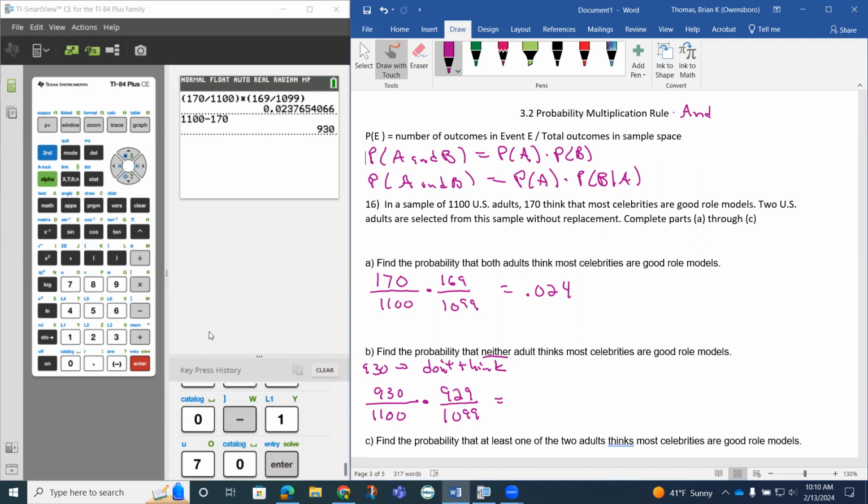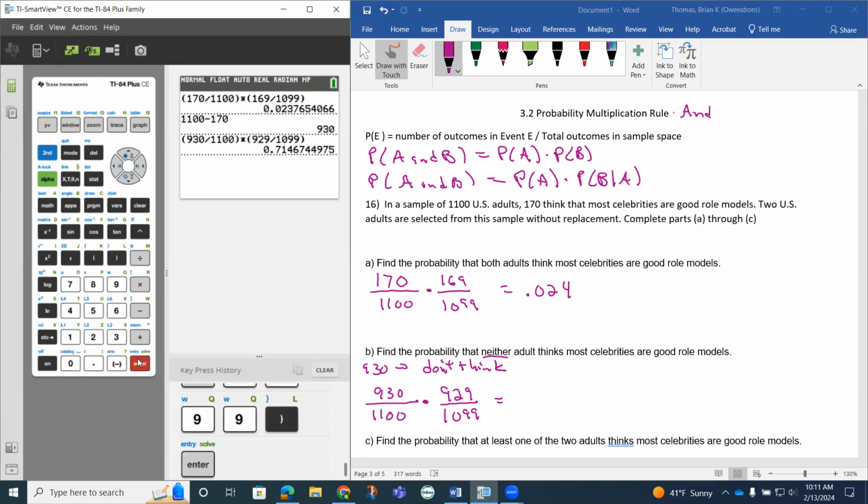So if we do that math, 930 divided by 1,100, multiplied by 929 divided by 1,099, that gives us our probability. We're picking up on 0.715 that don't think celebrities are good role models.